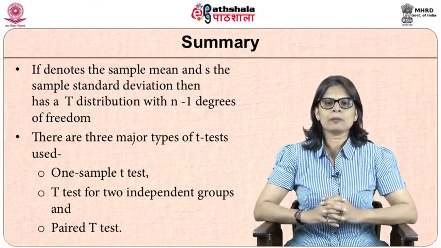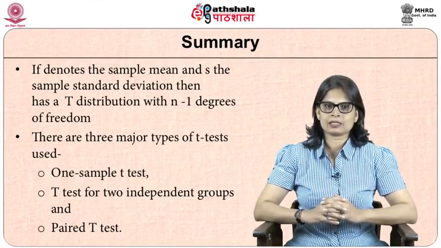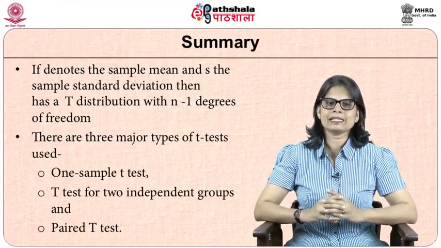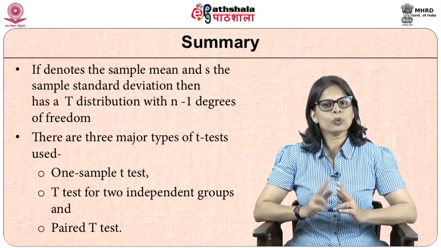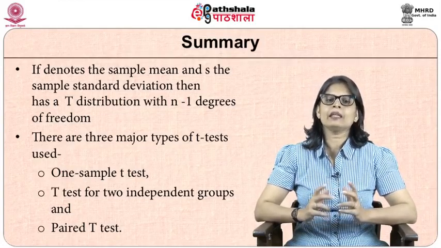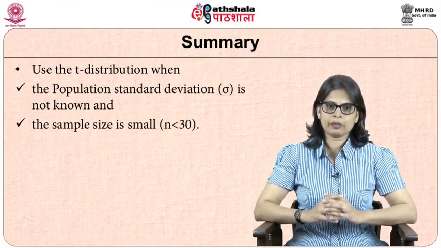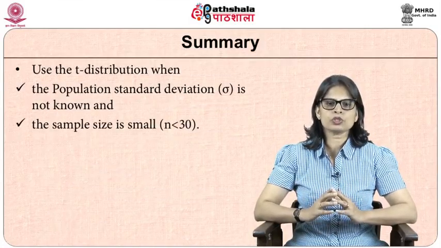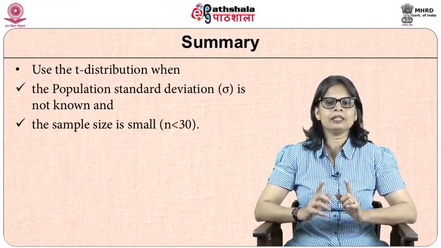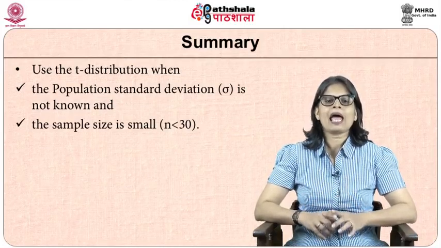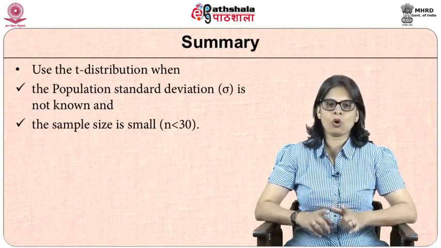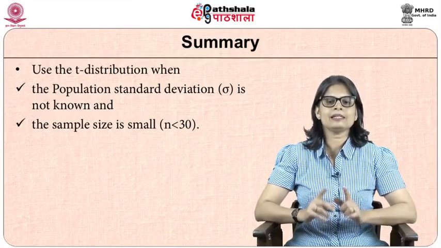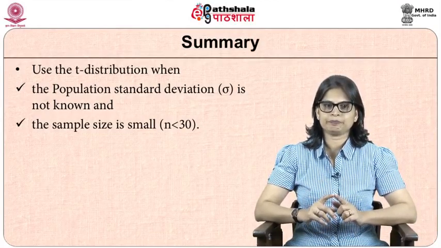There are three major types of t-tests used in practice: the one sample t-test, t-test for two independent groups, and the paired t-test. Remember, use the t distribution when the population standard deviation is not known and when the sample size is small, that is your n is less than 30.